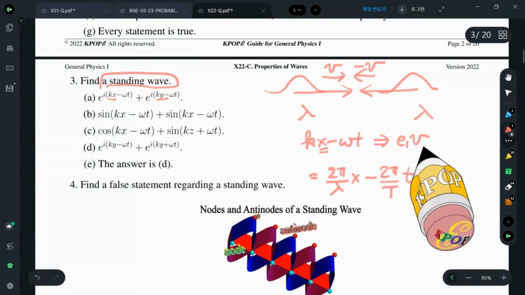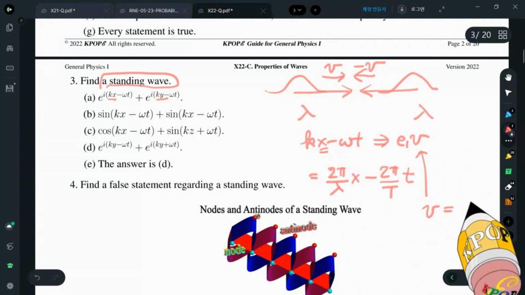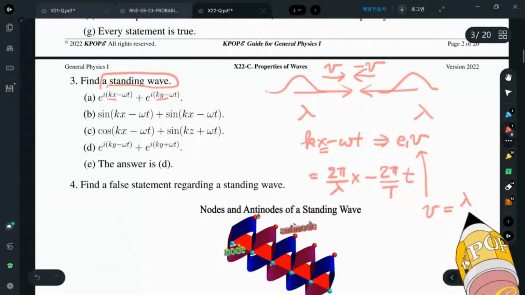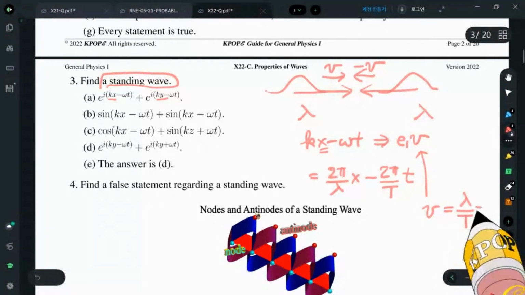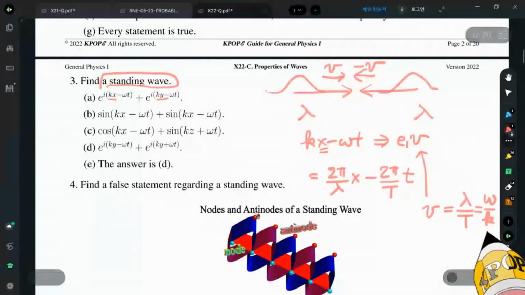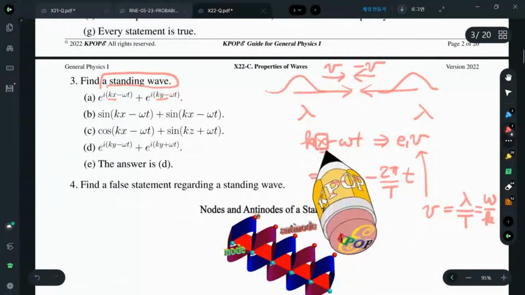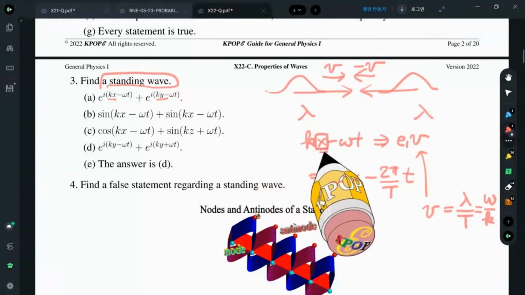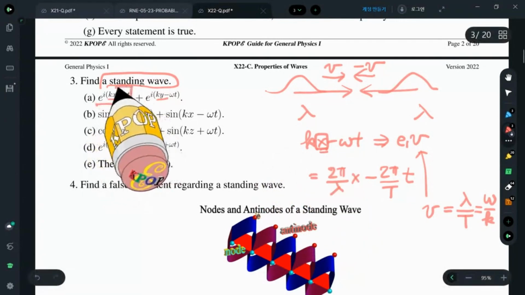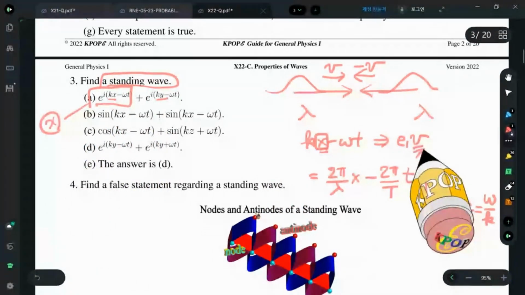So this velocity v can be obtained as omega over k. From this, we infer the direction of the propagation. So this one propagates along the x-axis with v.